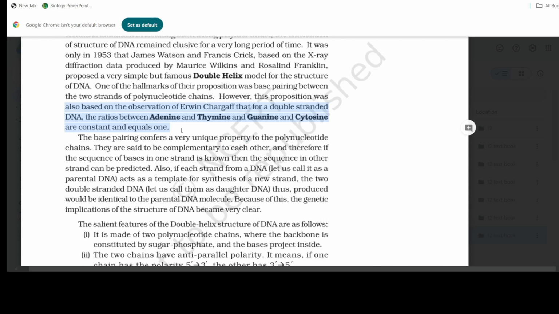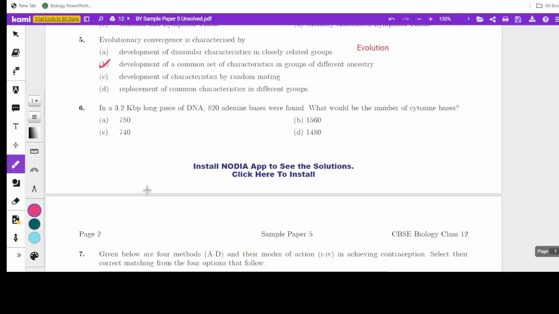According to Erwin Chargaff, adenine plus thymine is equal to guanine plus cytosine. So let's see the problem. A plus T is equal to G plus C.